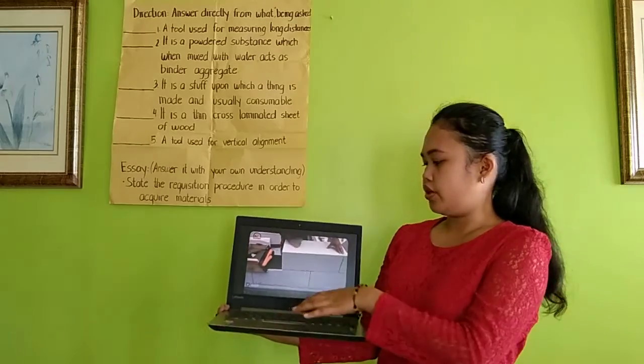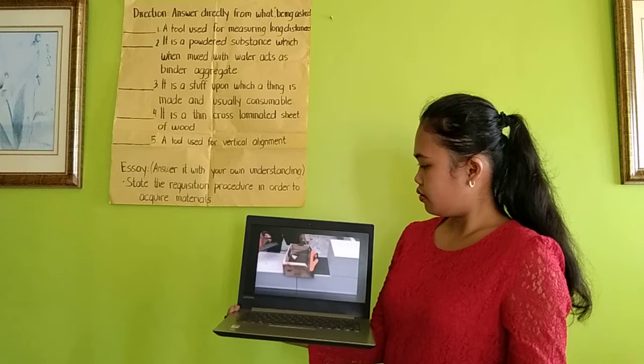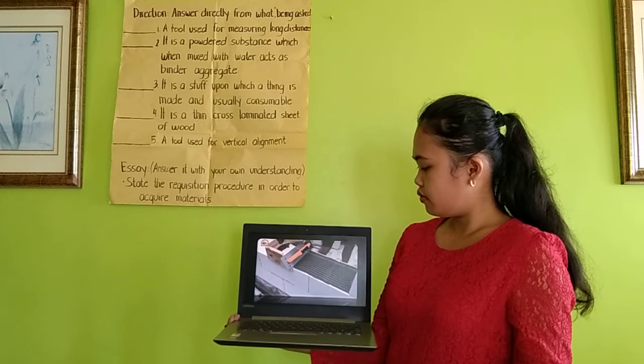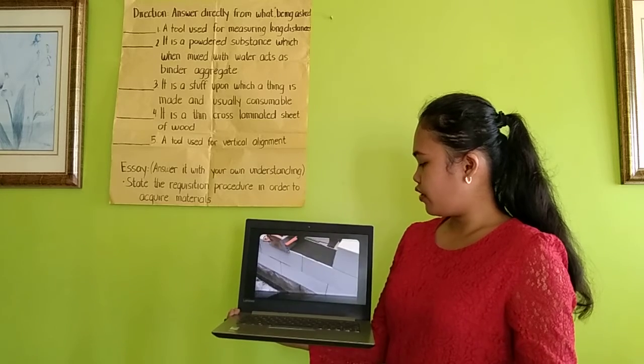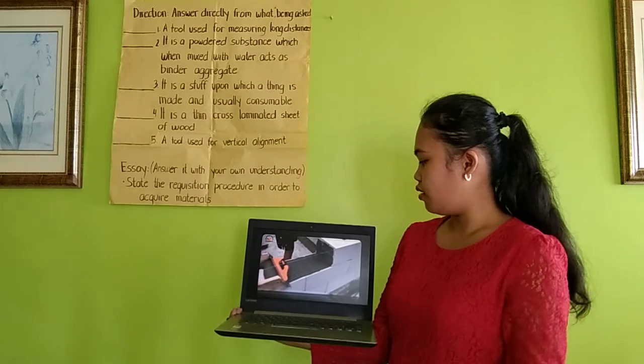So they use different techniques to set up the building.